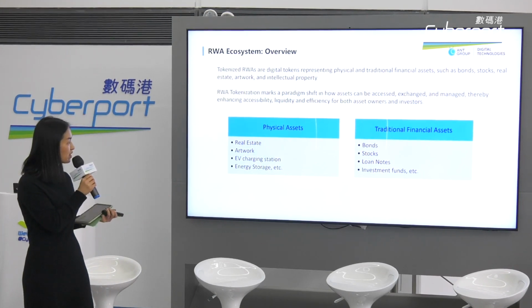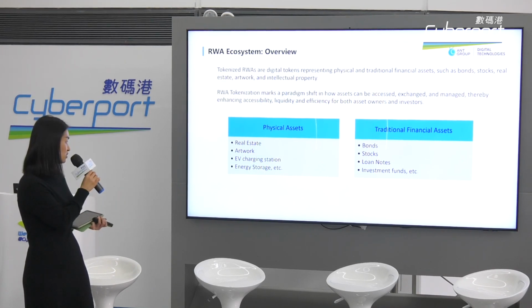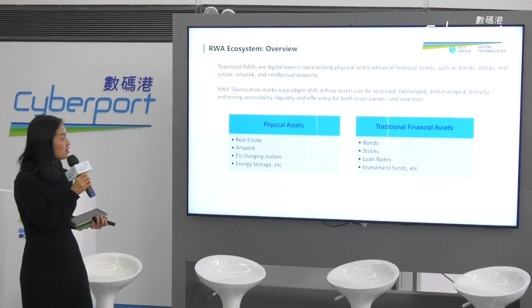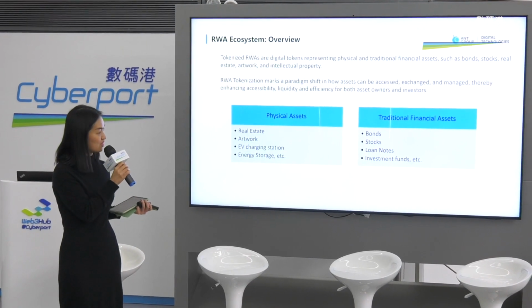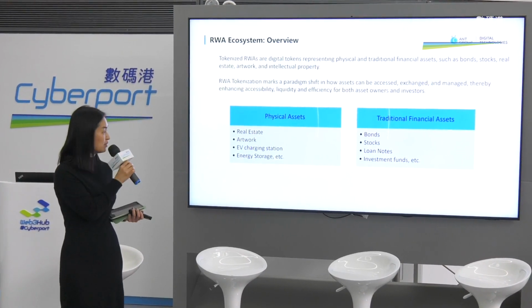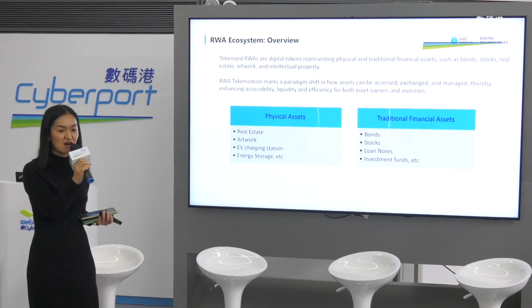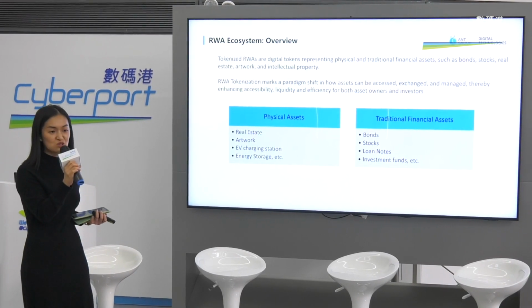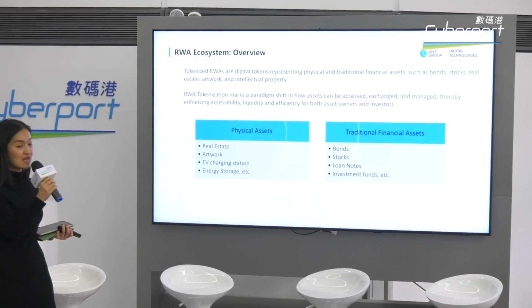The physical assets cover the broad universe of real estate, artwork, for example, EV charging stations, energy storage, etc. And the traditional financial assets, which are more frequently talked about, are, for example, bonds, stocks, private credit, loan notes, investment funds, and digitized money like tokenized deposits and central bank digital currency, which has been most discussed recently.